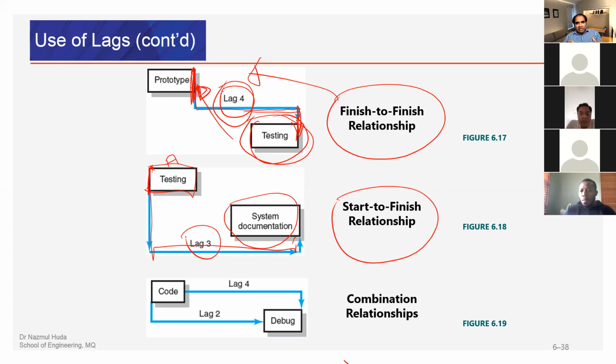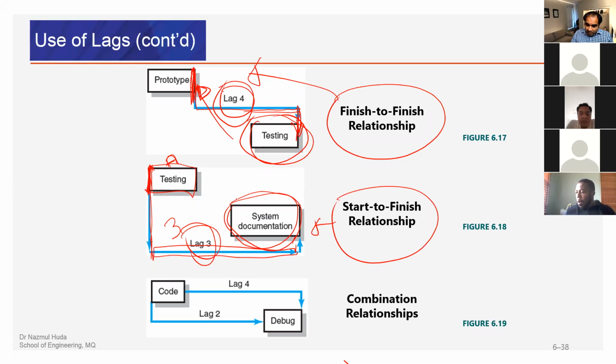So now we are relating the start of an activity to the finish of another activity. Start to finish process. So starting the testing process A, as soon as this one started, in the next 3 days, we must finish the system documentation process. So start to finish relationship.